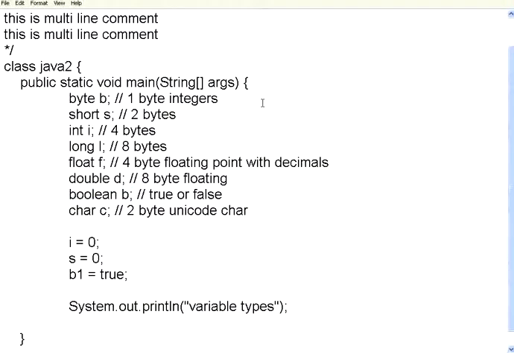By the way, variable names can have alphabets, numbers, underscore, and dollar sign. Usually, unlike Unix shell scripts or Perl scripts, we don't use the dollar sign in Java.